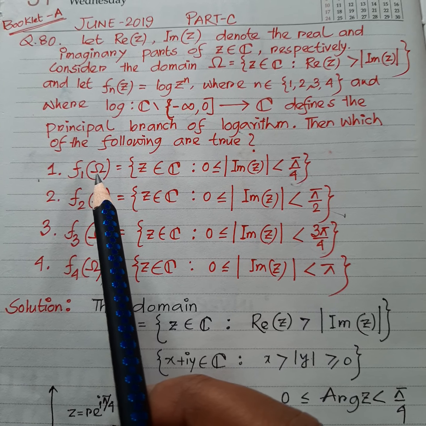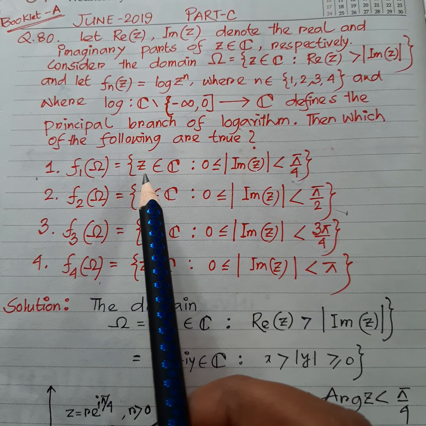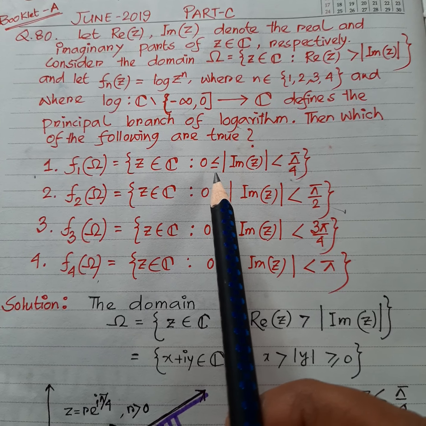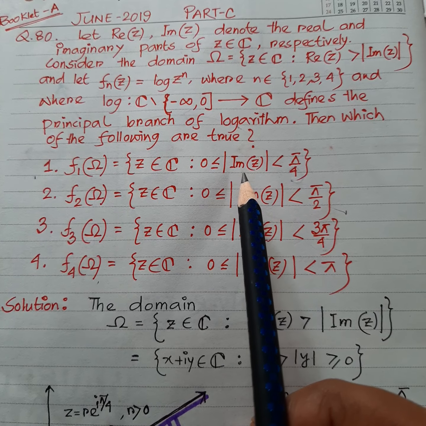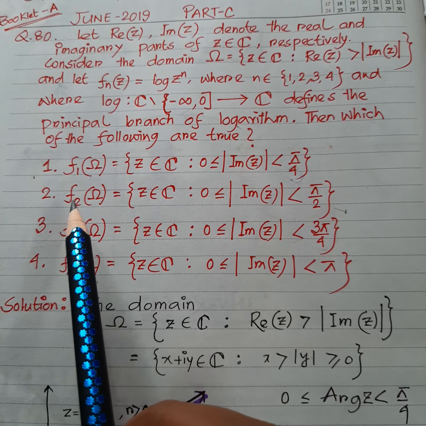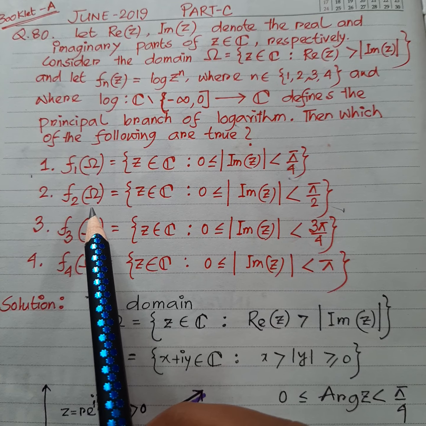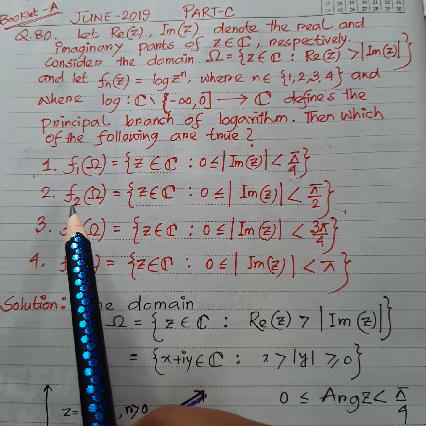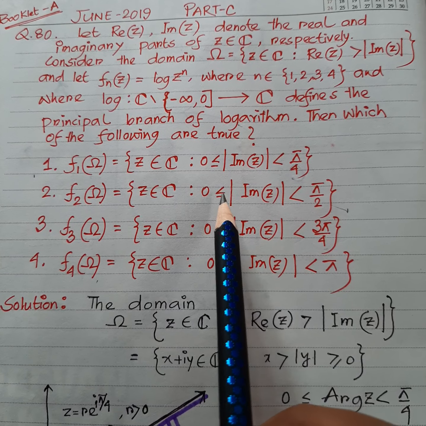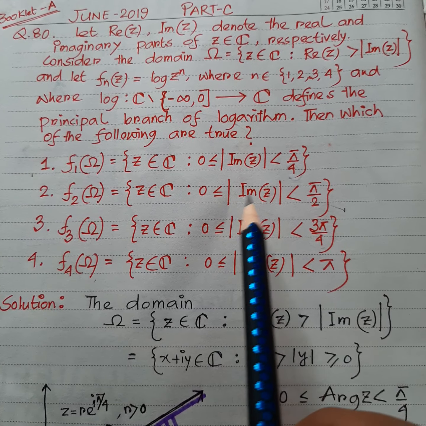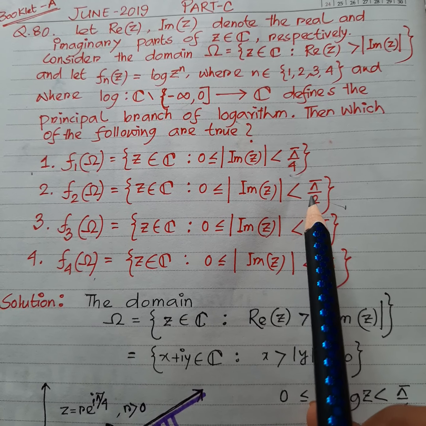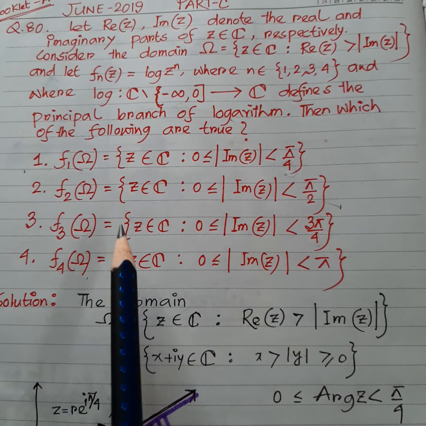Option 1: the image of Omega under f1 is z belongs to C such that 0 less than or equal to modulus of imaginary part of z less than pi by 4. Option 2: the image of Omega under f2 is z belongs to C such that 0 less than or equal to modulus of imaginary part of z strictly less than pi by 2.